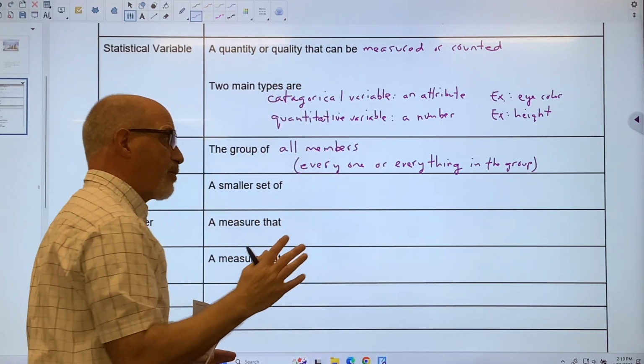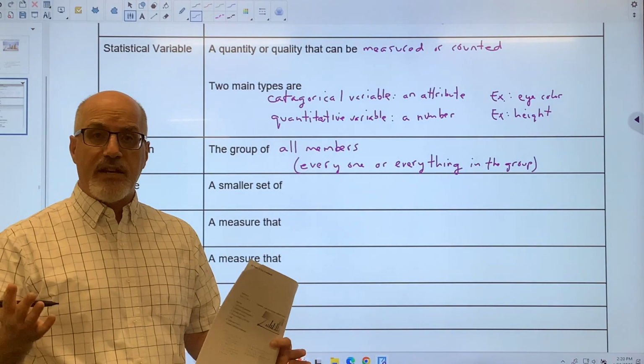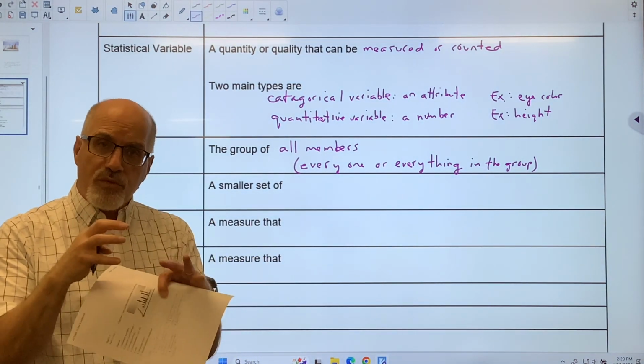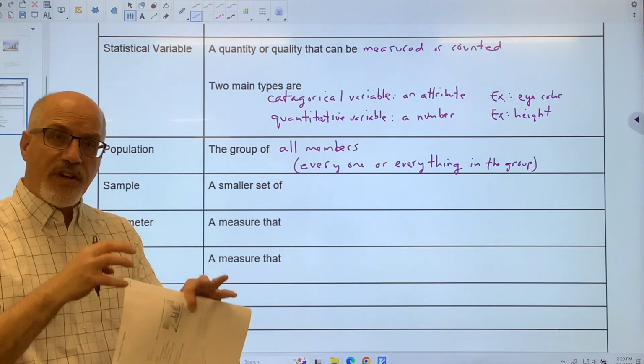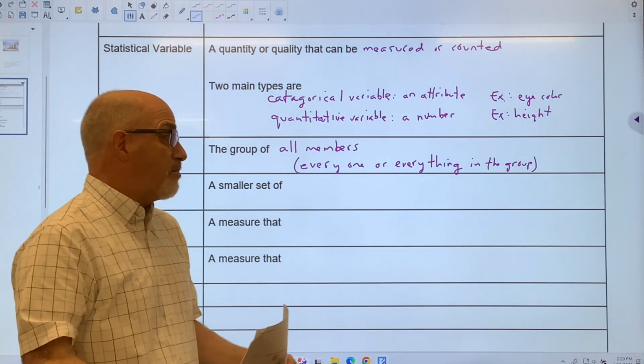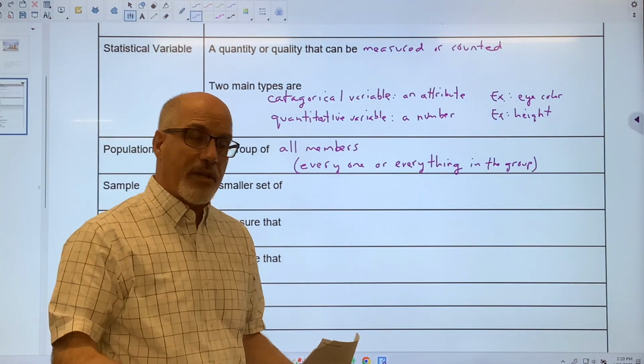Now from that group, we might find out the information for everybody and find out that information for the population is fine, but maybe we want to go to a smaller group of that population and just find out the information from them and then use that to make some assumptions about what the whole population would be.